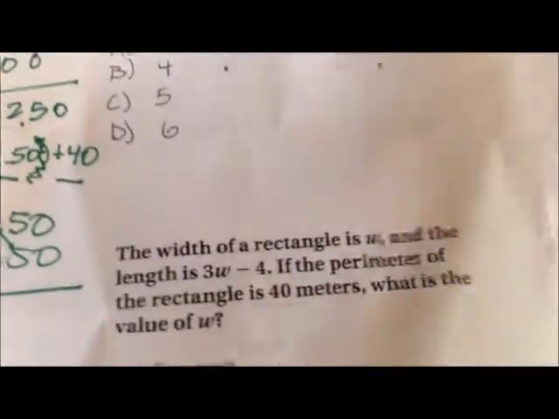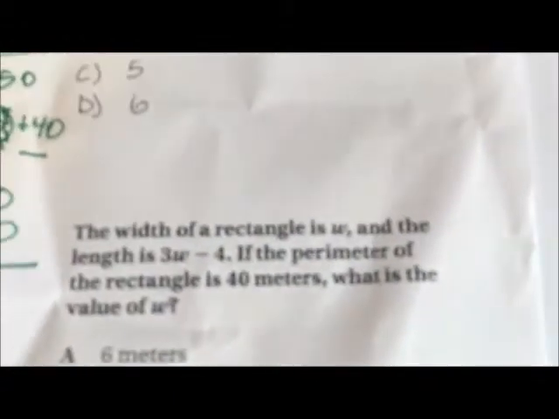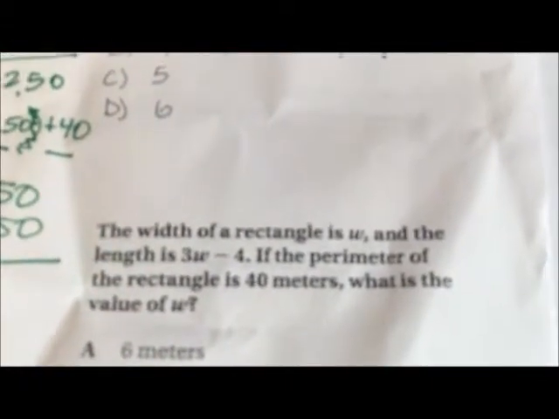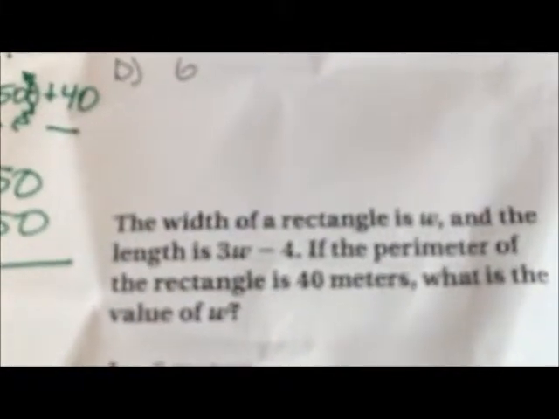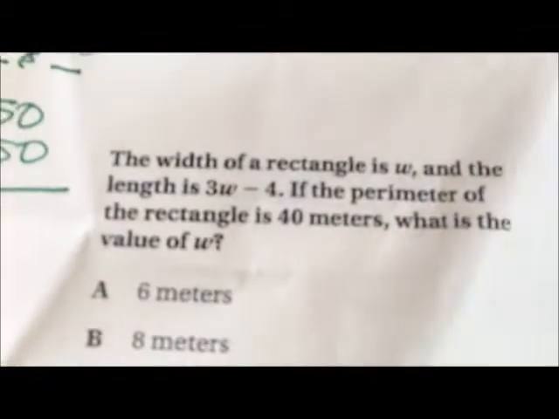And lastly, the width of a rectangle is W, and the length is 3W minus 4. If the perimeter of the rectangle is 40 meters, what is the value of W? Slide this up here so we can see what we're doing.